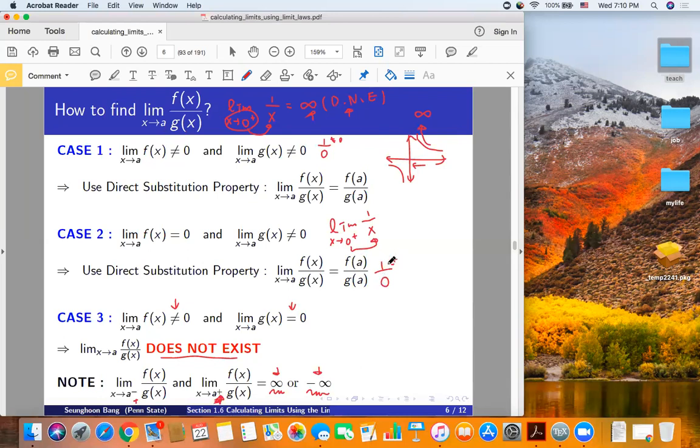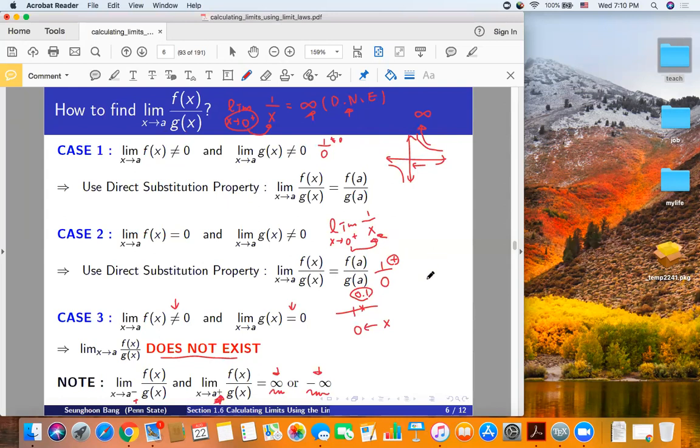So 1 is a positive number. What about the bottom one? You can use a one-sided limit here. X approaches 0 from the right. So you can choose a test number, like 0.1. You plug 0.1 into x.